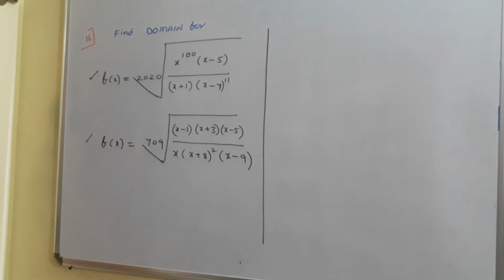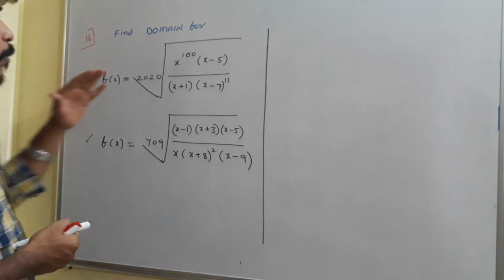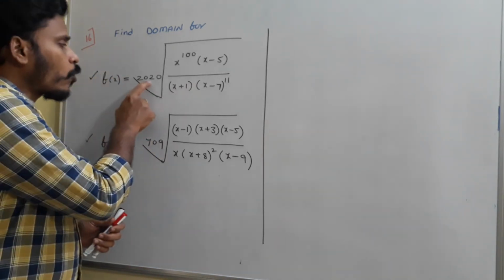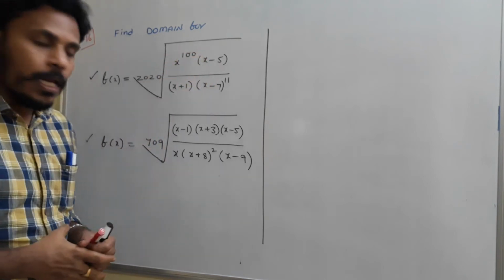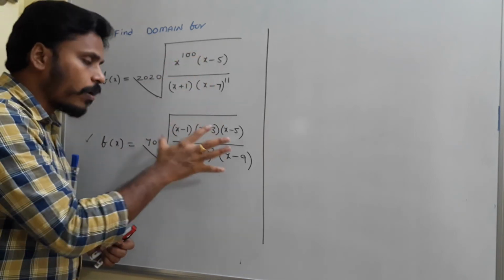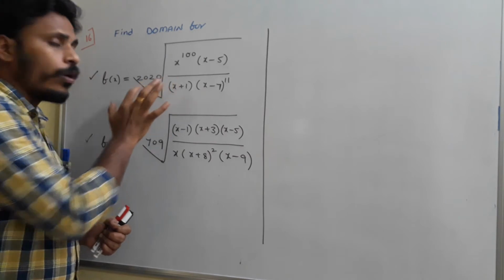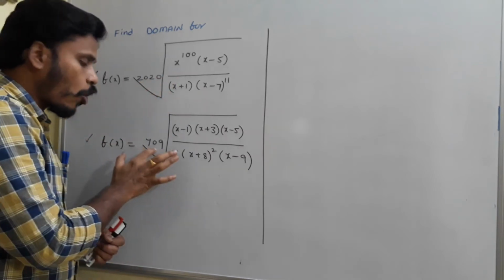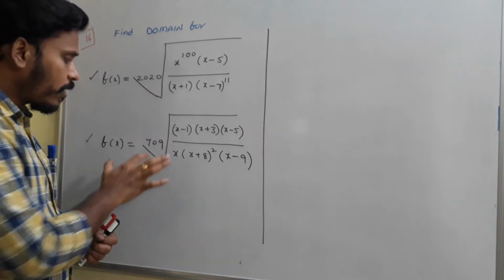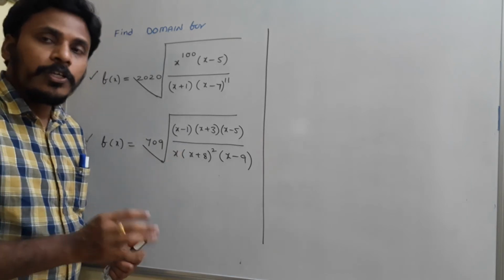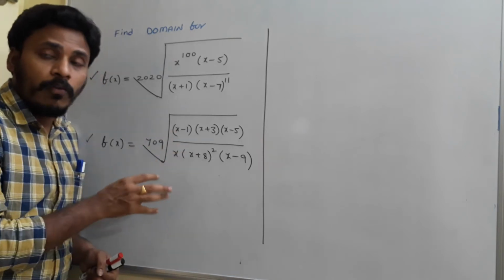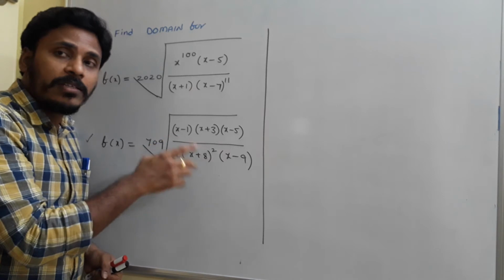Just look at the board. We need to find the domain for these two. The first problem is the 2020th root of some expression and the second is the 709th root of some expression. This 2020 is an even number, this 709 is an odd number. Since 709 is odd, it is easy to say the domain, because every value of x is acceptable.